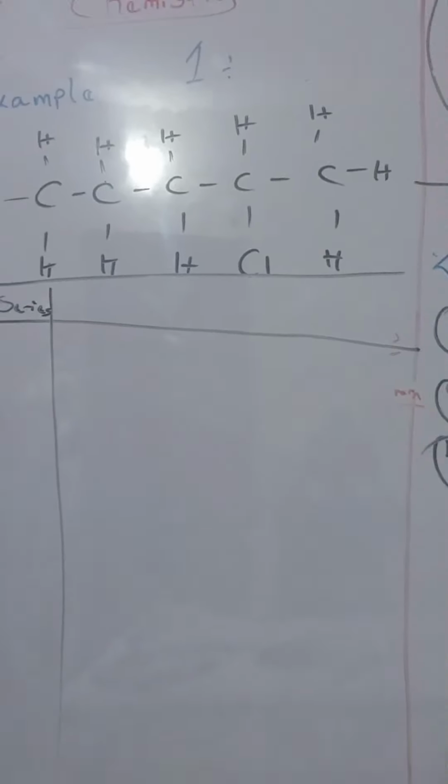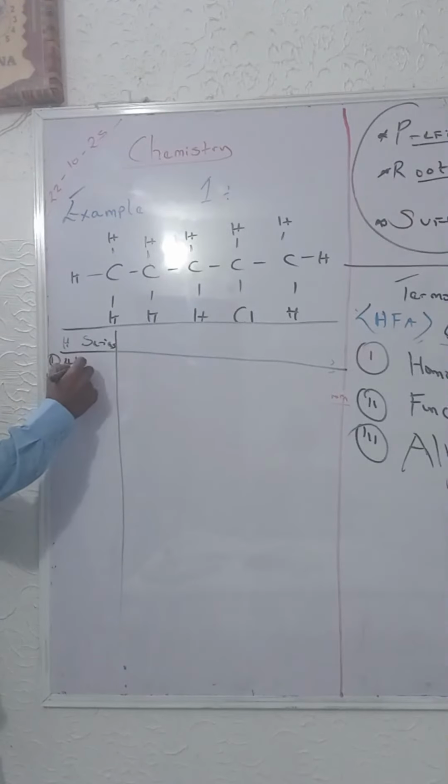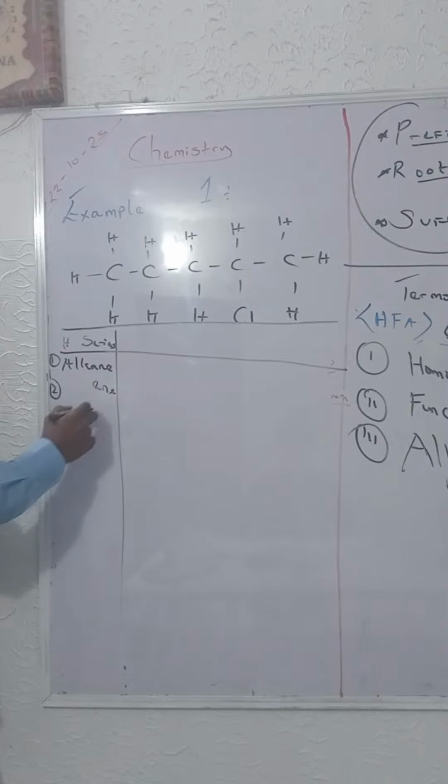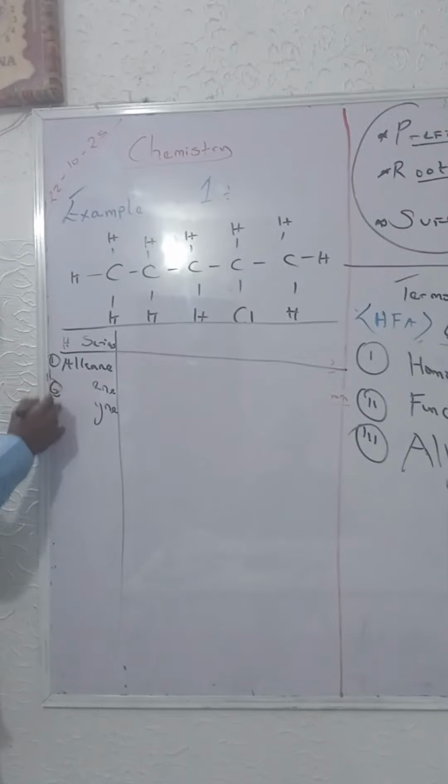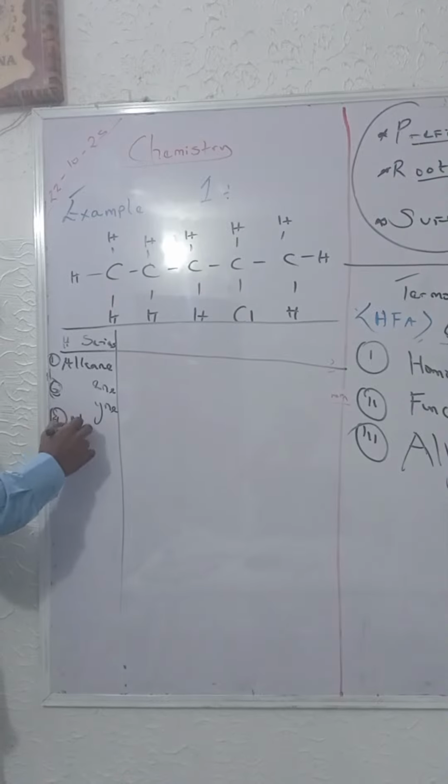Okay, so now, are you ready? Number one, the homologous series is alkane. Number two, alkene. Number three, alkyne. Number four, alkanol.